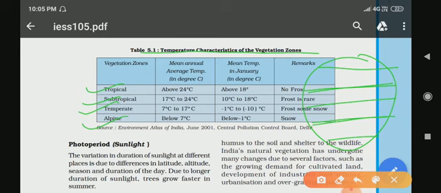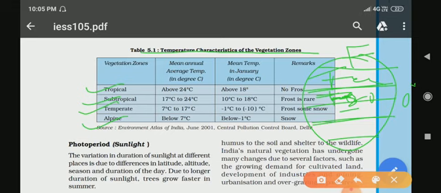This is the equator, 0 degrees, and then this is the tropic, and then the temperate zone. The last portion is the frigid zone, F for frigid, up to the alpine region.